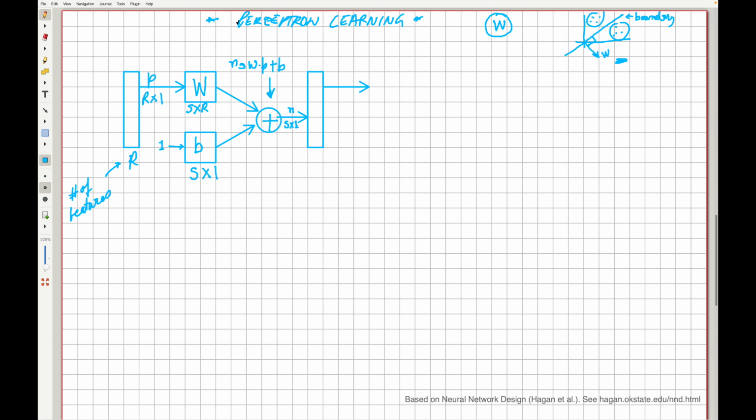The reason we call this the net input is because we are combining all of the weights and the raw input, then using that as input to this transfer function, and here we are going to use the transfer function which is the hard limit. So that gets us the output A, which is of the same shape, S by 1.